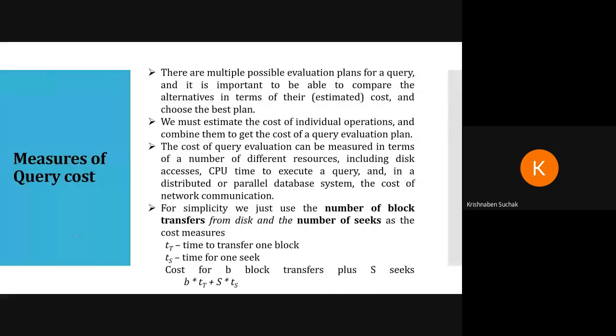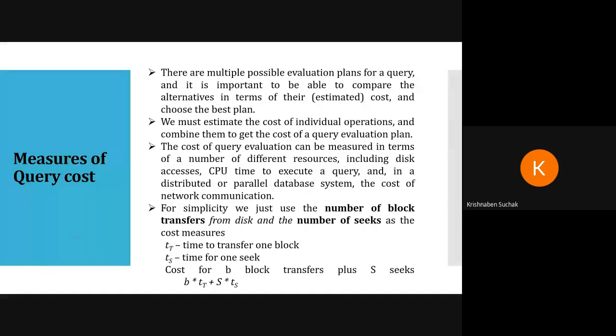For simplicity we just use the number of blocks transferred from disk and the number of seeks as the cost measure. So for simplicity we will consider the number of block transfers, that means the data you have kept in blocks, and if you want to send it from one place to another, you consider that. The second thing is the number of seeks. What is a seek? Locating the given data or information at the right place is called one seek. If you locate your data at the right location once, that is one seek.